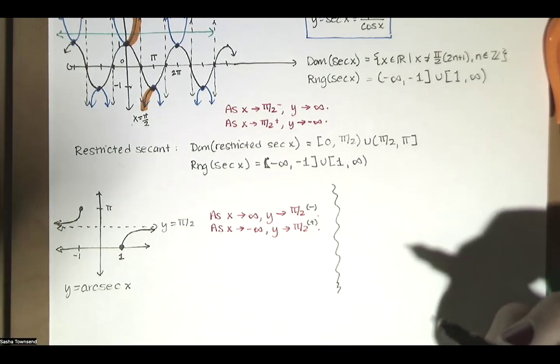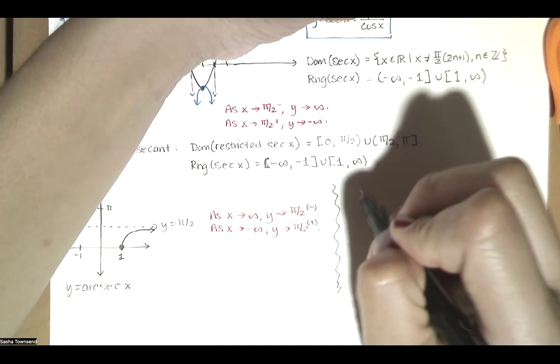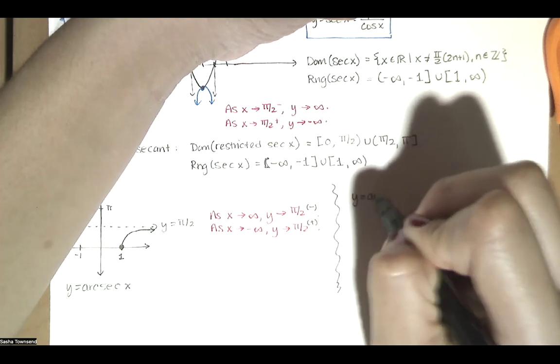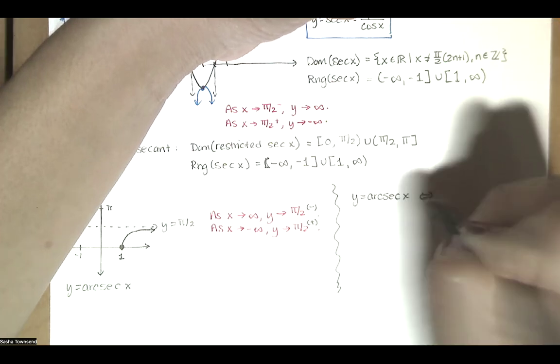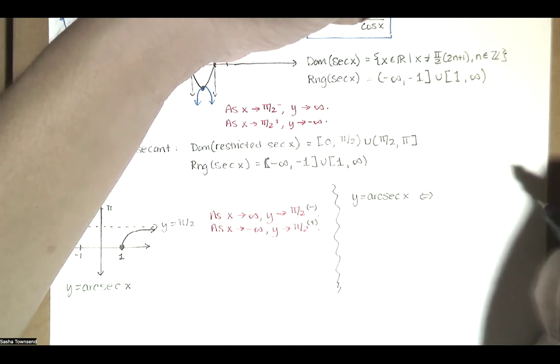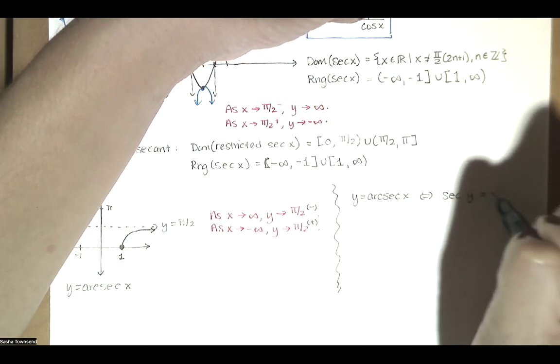Now, when it comes to evaluating this, it's a little bit tricky. Let's say somebody asks you for the arcsecant of something. It's just like before: if somebody says that y equals the arcsecant of x, they're giving you an angle. y is an angle. It is the angle whose secant is x.